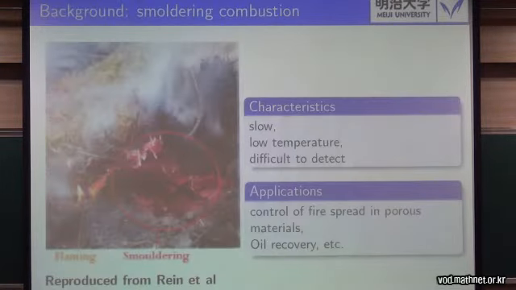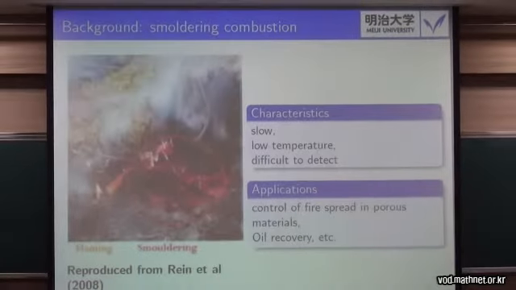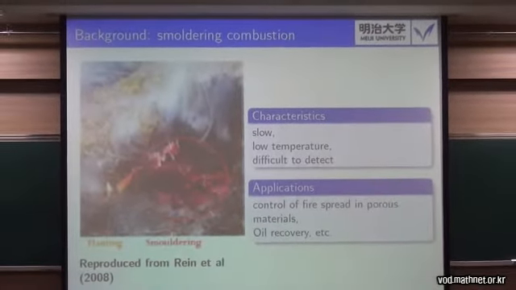Okay. So, the picture we are looking at is a typical example of what we mean by combustion to start with. Here we are looking at two different regimes of combustion problem. The first one here is flaming.